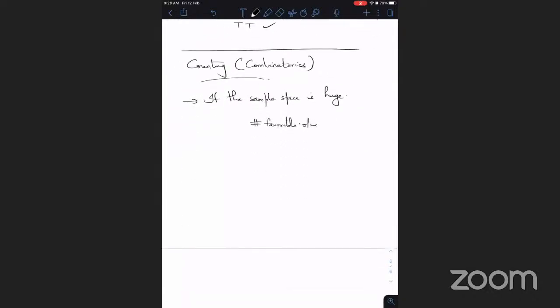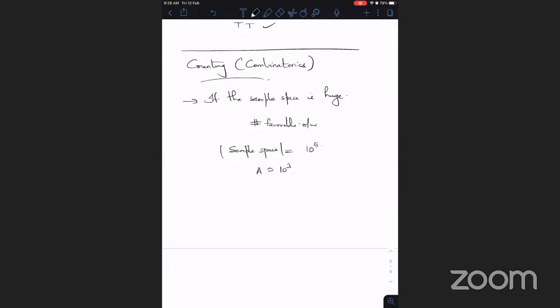And how do we do it? Let's say the sample space is of size 10 to the 5, and A is an event which we need to figure out the probability for, and it can be of order 10 to the 3.